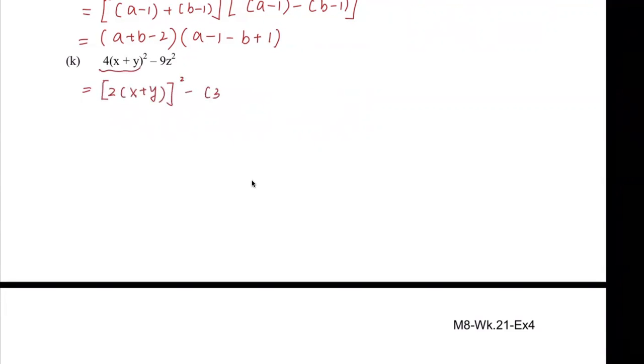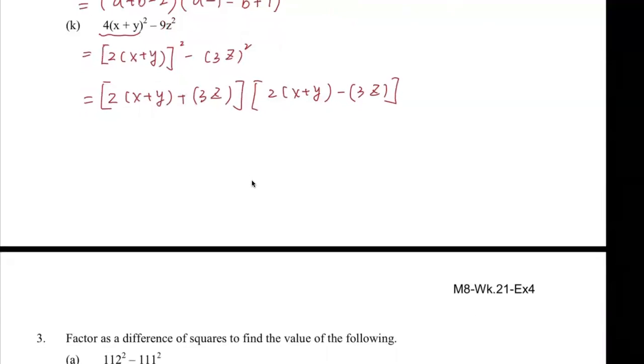It can be written as 3z squared. So this is equal to 2 times x plus y plus 3z times 2 times x plus y minus 3z.